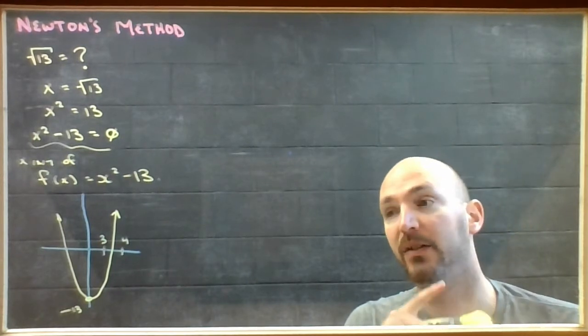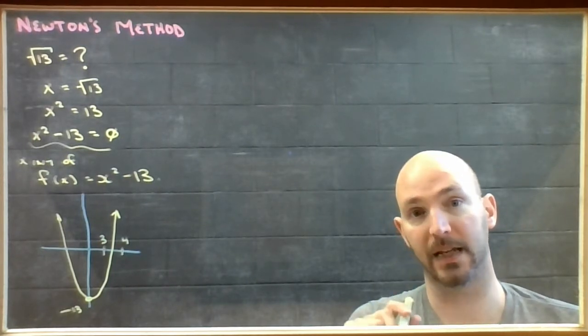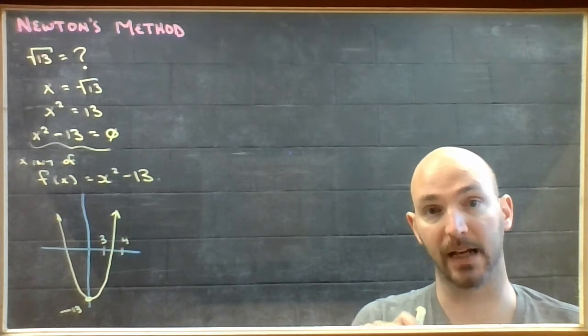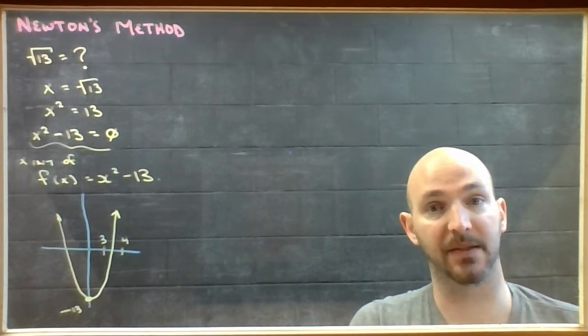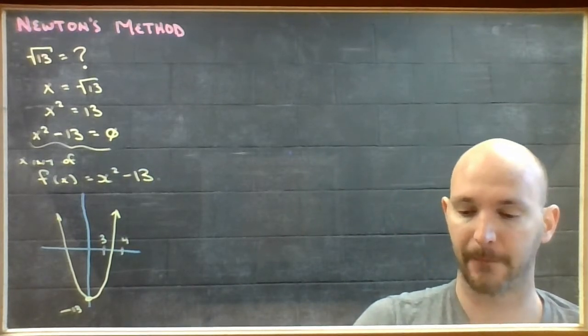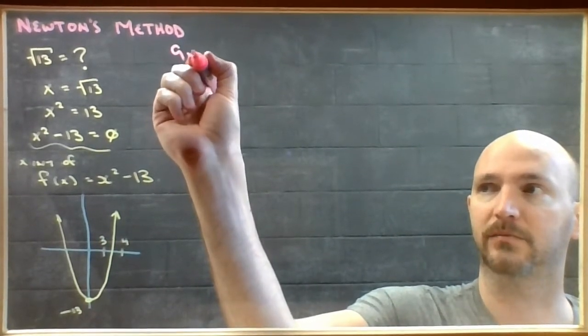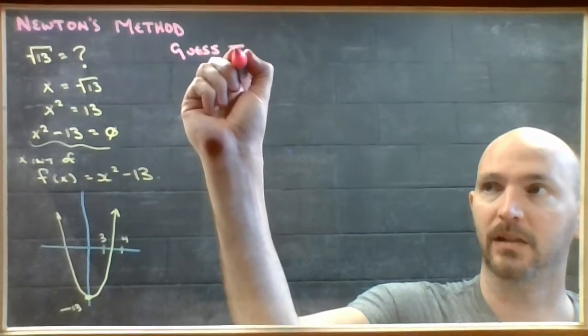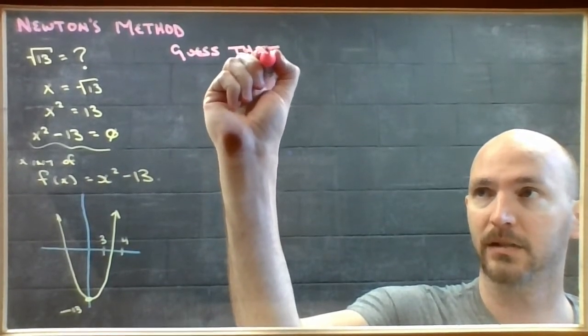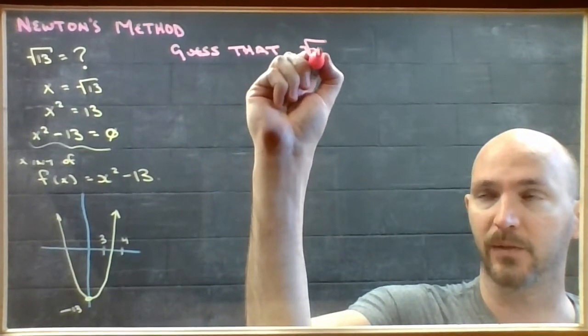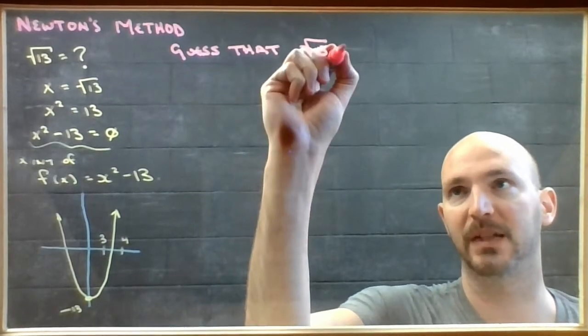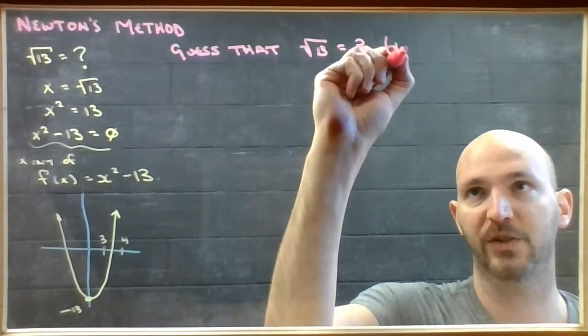Okay, so I'm going to take a really bad guess. I'm going to guess 3 to start. So I guess the square root of 13 is 3, which is wrong.